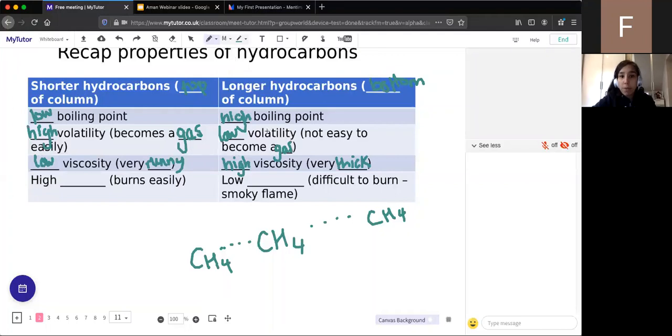Does anyone remember why the shorter hydrocarbons have a high flammability? Again, yeah, it's to do with the weak intermolecular forces. So the reasoning for most of these is to do with the intermolecular forces and the bonding. So great. The word here is flammability. And then conversely, the longer hydrocarbons have a lower flammability.